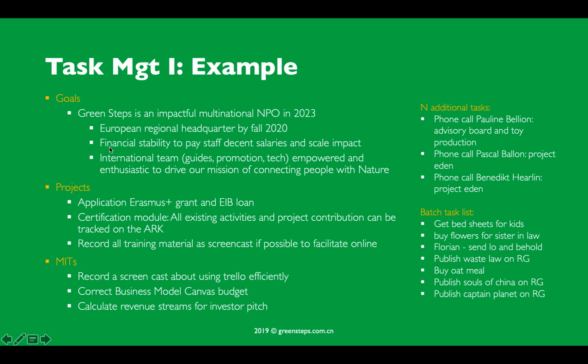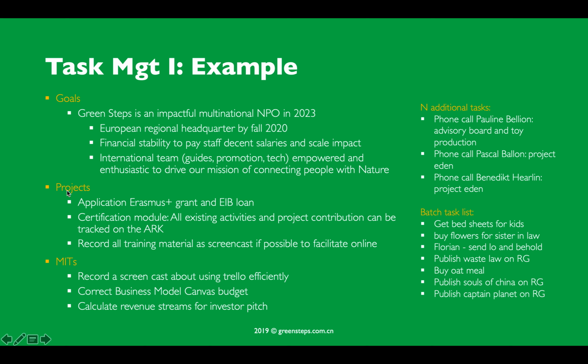I would like to have financial stability to pay staff a decent salary and scale impact. And I would like to establish an international team consisting of guides, promotion professionals, and engineers to empower people, connecting everybody to nature.